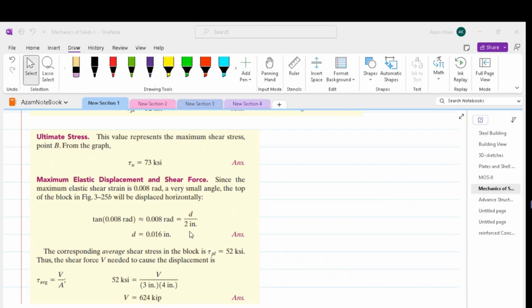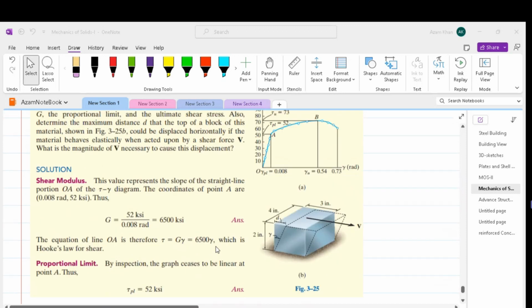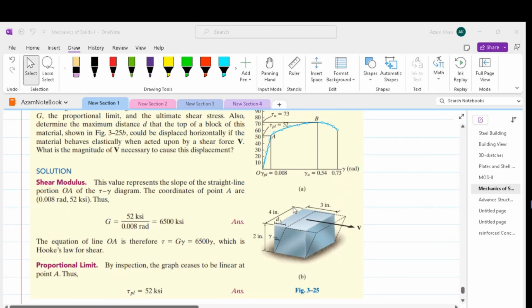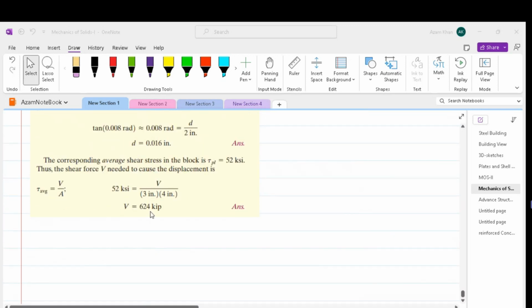Once d is found, the shear force at 52 ksi, which is the proportional limit, can be found by tau is equal to V by A. So the area of the block is 3 by 4. We multiply this area by the proportional shear stress and we can easily get the shear force. And that's what has been done over here.